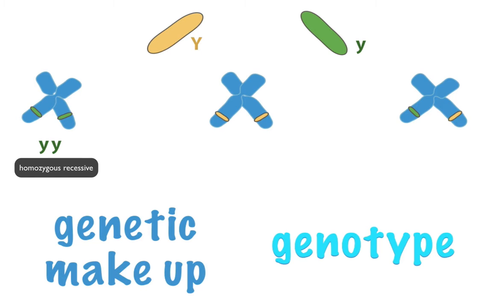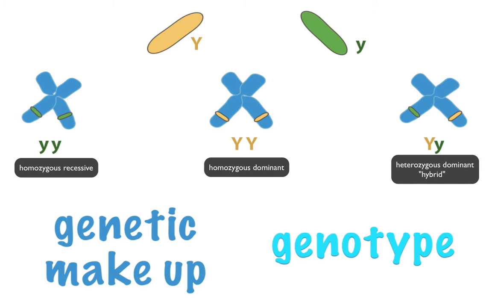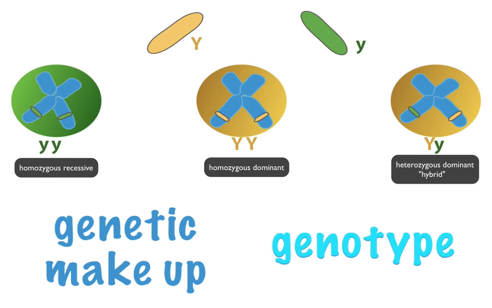The one in the middle would be, guessed right, two capital Y's. Now what about the one on the right? Because it's a heterozygous, it's a hybrid, it has a capital Y and a lowercase y. Now anytime you have a capital Y or you have a dominant gene, of course it's always going to express that dominant gene, which is in this case yellow.